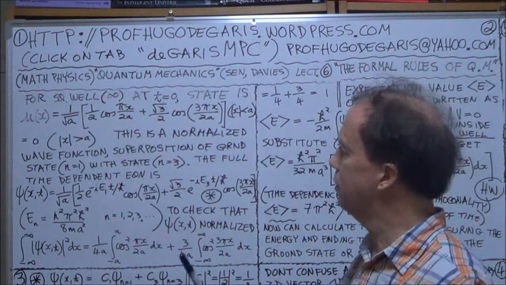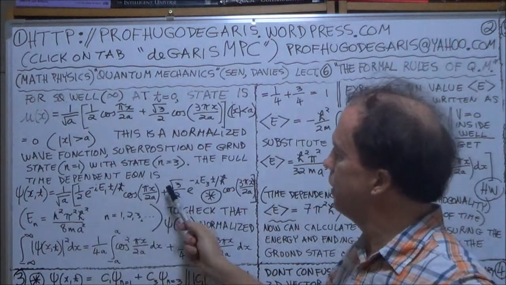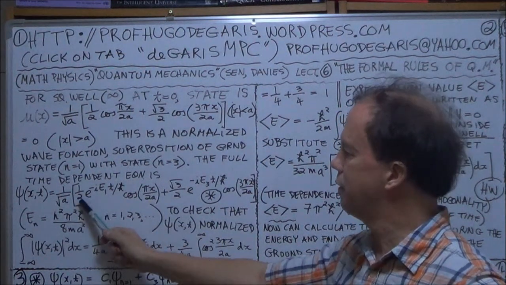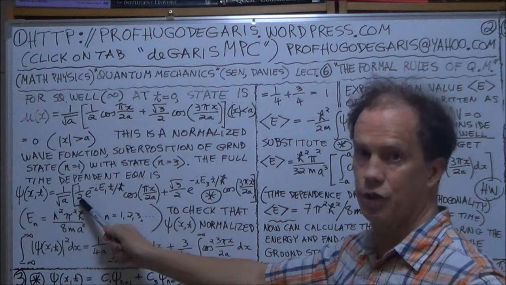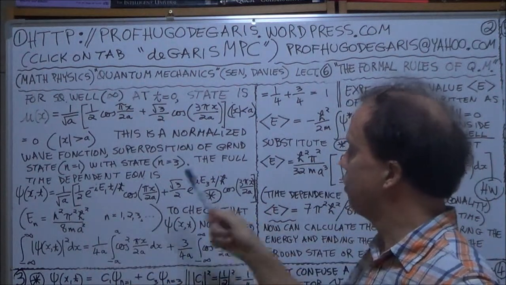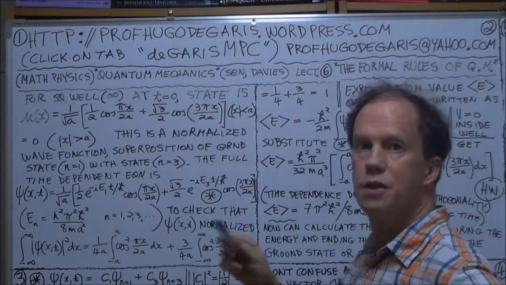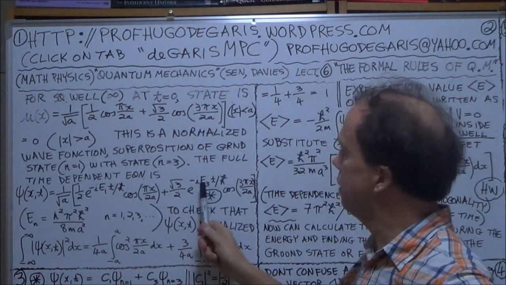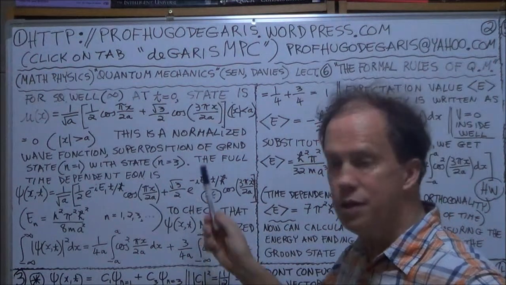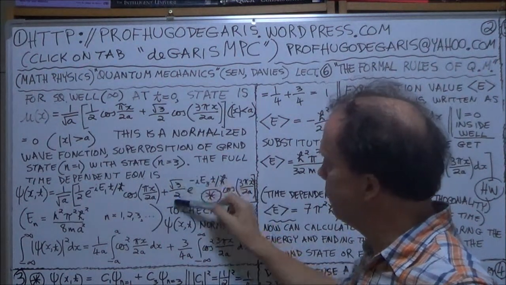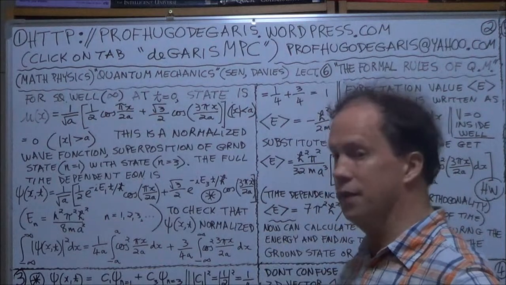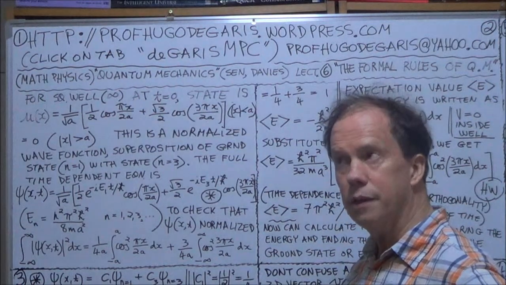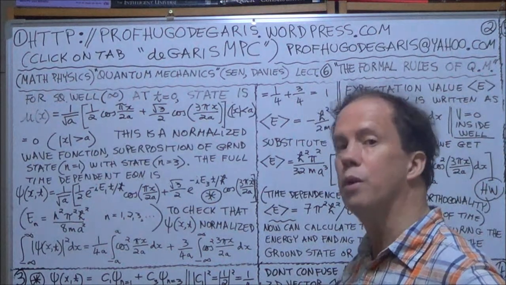We'll show that the probability, if you do a measurement, of getting the energy value E1 will be C1 squared, so it should be a half squared. The probability of getting the energy value E3 when you measure the energy will be C3 squared, in other words this squared. The sum of those two probabilities should be 1.